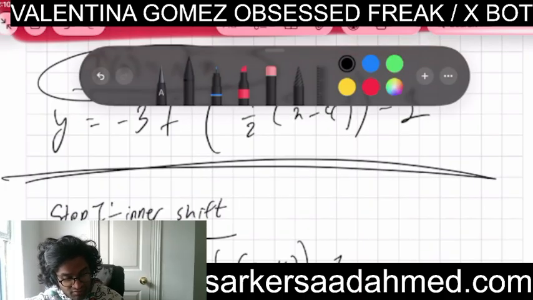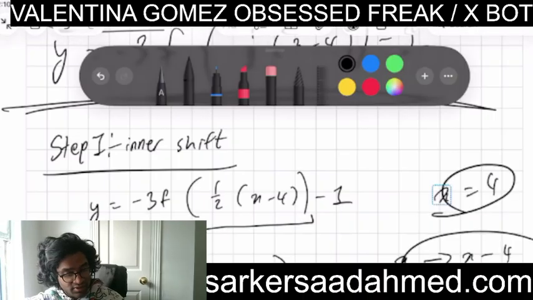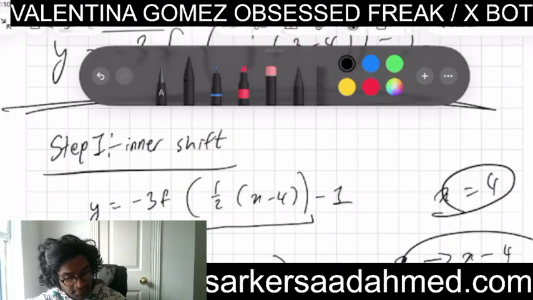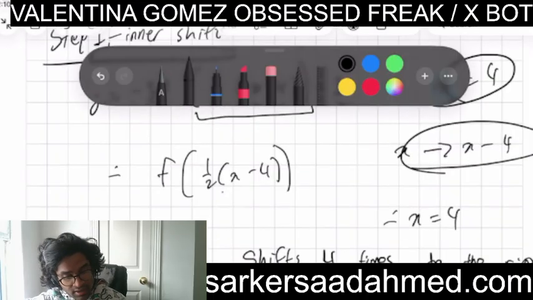So f of half x minus 4. Therefore, we're going to have x is equal to 4, shifts 4 times to the right. Cool? And then the horizontal shift.